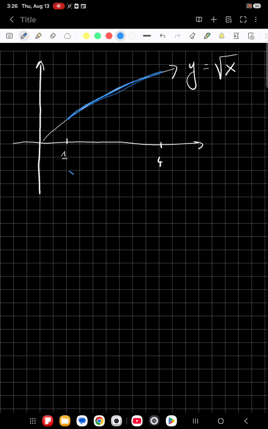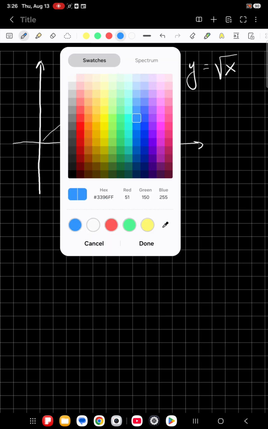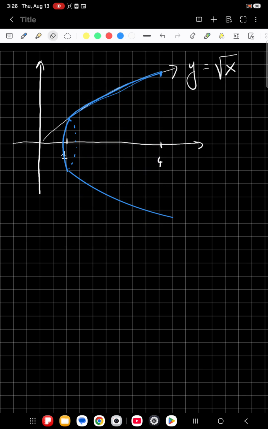And then it's going to, okay, I'm trying to make it nice. So that's the shape. This is 4, and of course I made it a little bit too long, this one. And so we need to stop here. Okay. So that's that cross section.